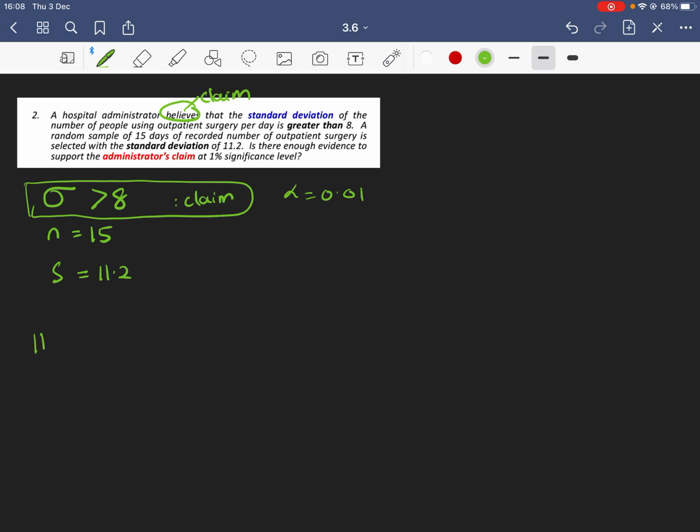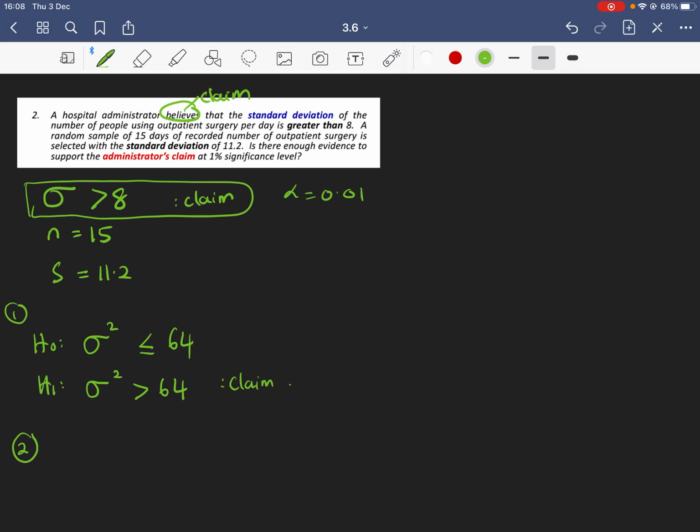This is the claim. H0 or H1? Greater than is H1. So sigma square greater than 64. Convert into variance. So H null here is sigma square less than or equal to 64. Step number 1.